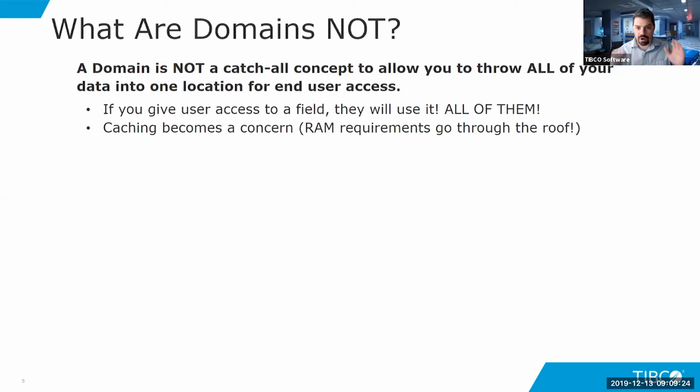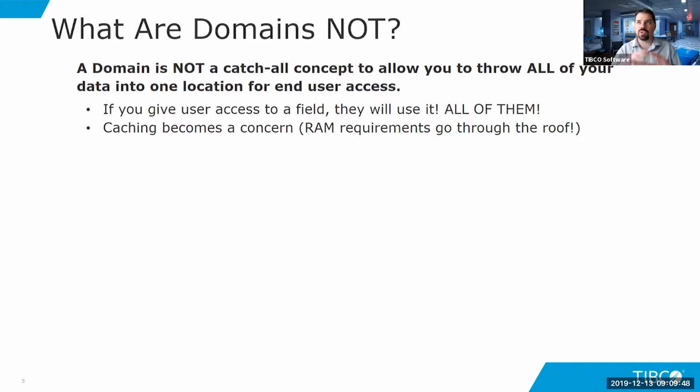Customers call me because they're on life support. They're like, every day we have to restart Jaspersoft because it's crashing. And we find out that A, they may not have enough RAM specified, and B, they've got these massive domains that users are pulling all the data for, and maybe even building a scheduled report based on all of that data. That's not something we want to do.